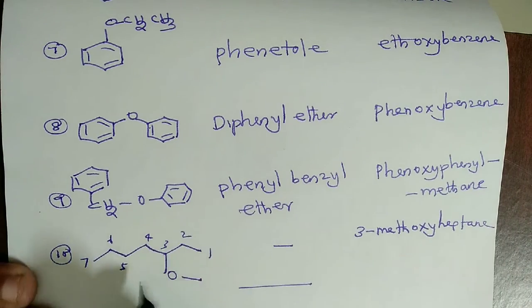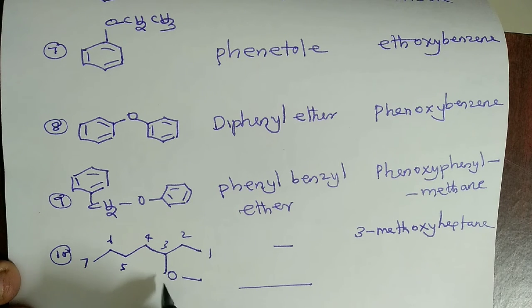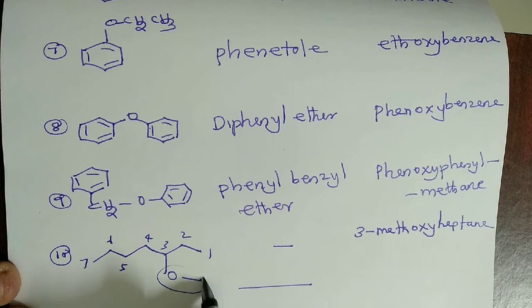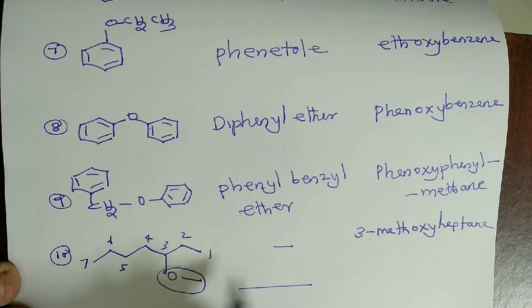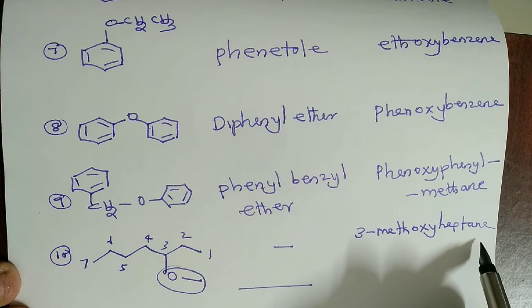That is methoxy group is treated as a branch, just like a halogen atom or an alkyl group. If it is a chlorine, IUPAC name will be 3-chloroheptane. Similarly, 3-methoxyheptane.